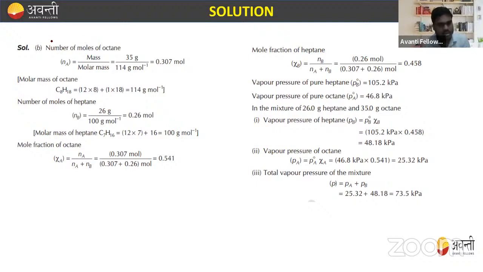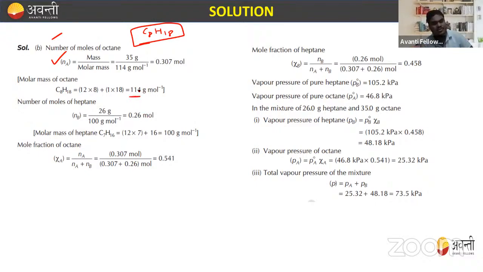Okay. So first of all, you have to calculate the number of moles of octane. We all know that number of moles means mass upon molar mass. Mass is already given, that is 35. And what is octane, beta? Octane has the formula C8H18.